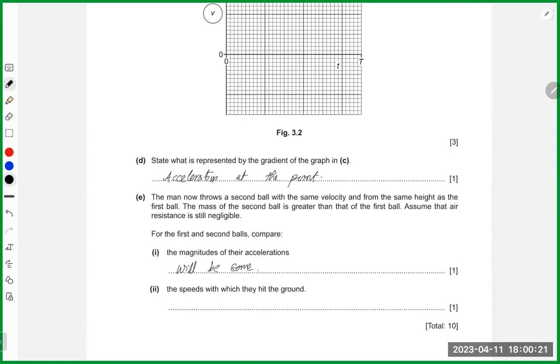Now the speed with which they hit the ground. What will be the speed they are hitting the ground?